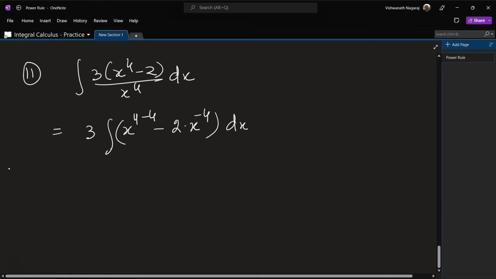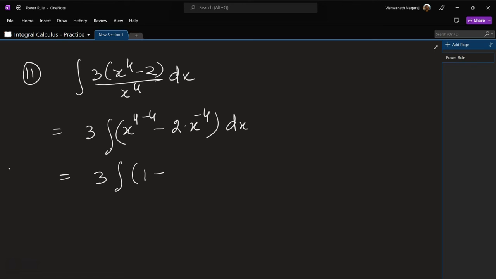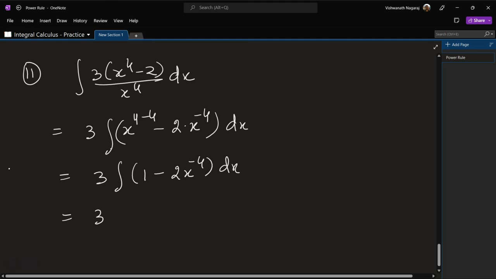It is the same, taken this up and multiplied it off in one single step. Okay, so 3 times we get x to the power of 0, that is 1, minus 2 times x to the power of minus 4 dx. Now this we can split it. We get dx minus 2 times integral of x to the power of minus 4 dx.